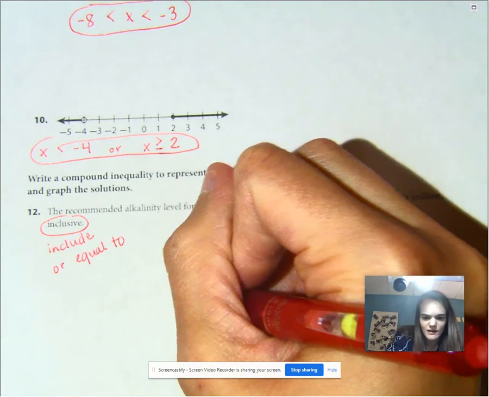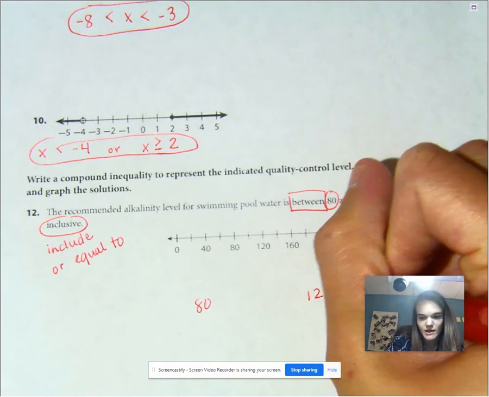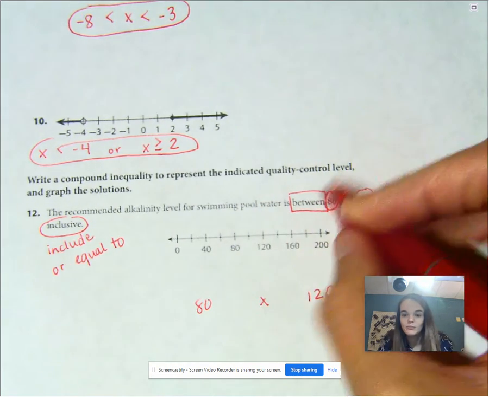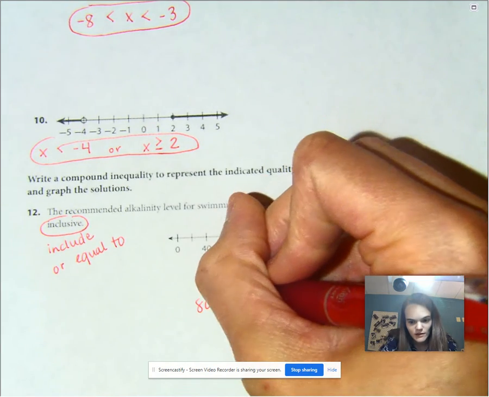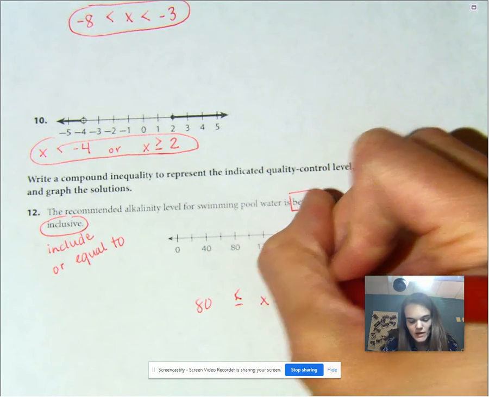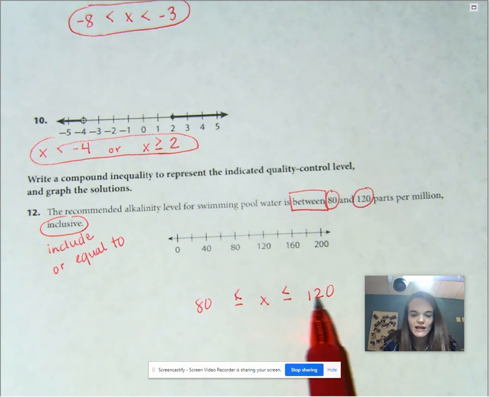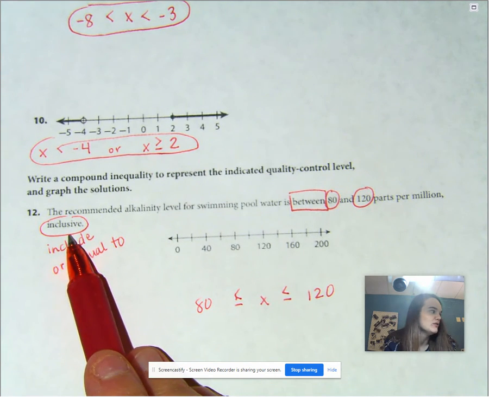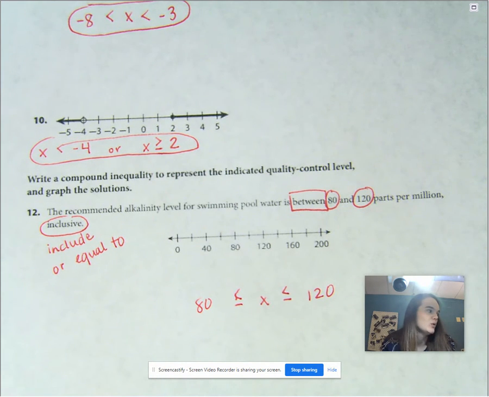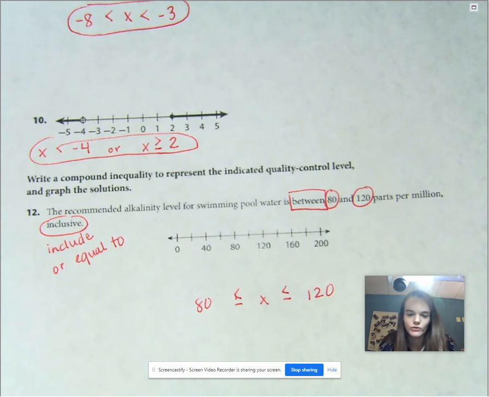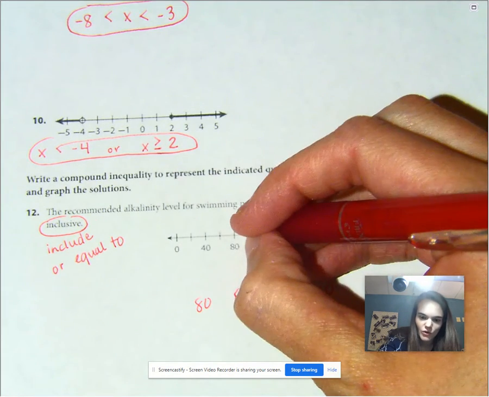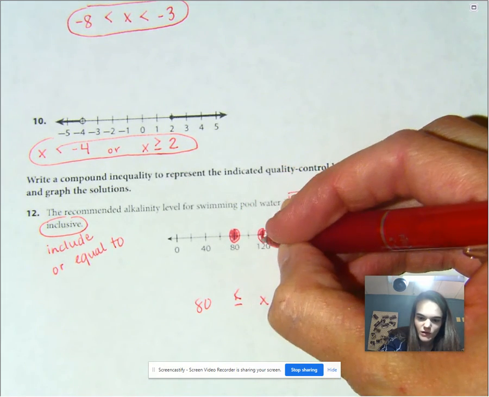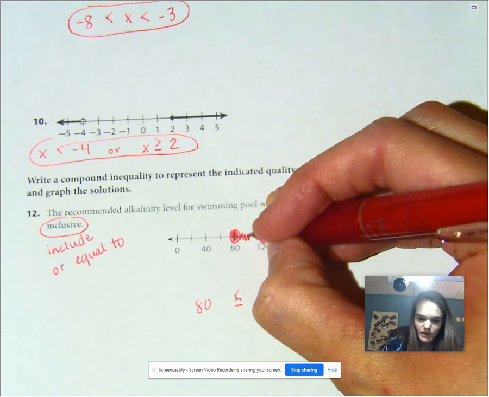I have 80. I have 120. An and inequality can be written as between. So this says x is between 80 and 120. I have or equal to because it says inclusive. If it does not say inclusive, do not put or equal to. If it says or equal to, put or equal to. Circle 80, circle 120, close the points and shade in between.